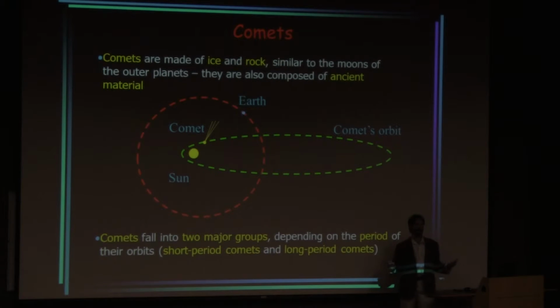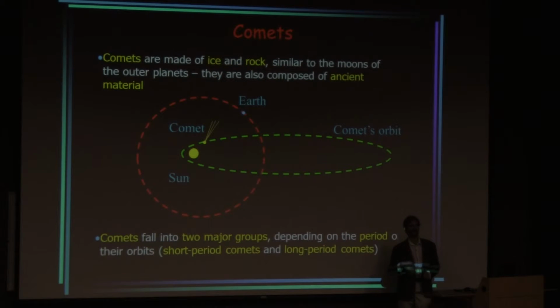And when planets form and stuff gets crushed together, you get melting and heating. And so ices don't survive that process for the most part. So when we look at comets and we're seeing bodies that are icy and rocky, we're pretty much guaranteed to be looking at very primordial material that's really been essentially unchanged since the formation of the solar system. So comets have a special niche in that sense.